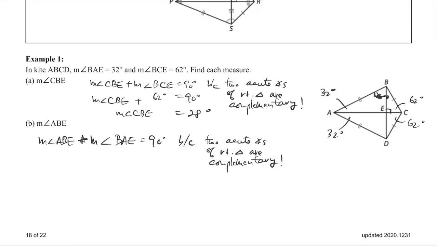So knowing that, we could substitute in the given information, which is BAE is 32 degrees. Doing a little bit of algebra, angle ABE has to be equal to 58 degrees.